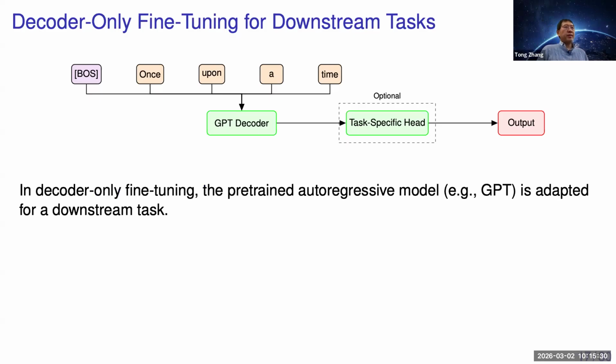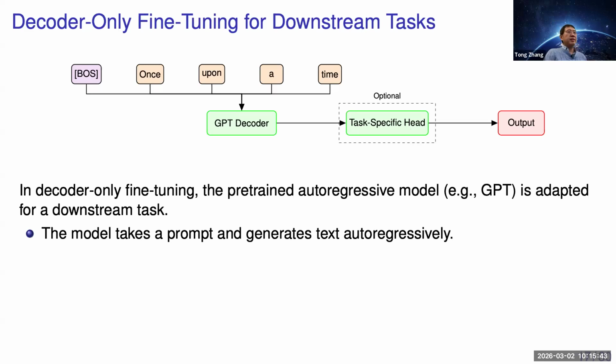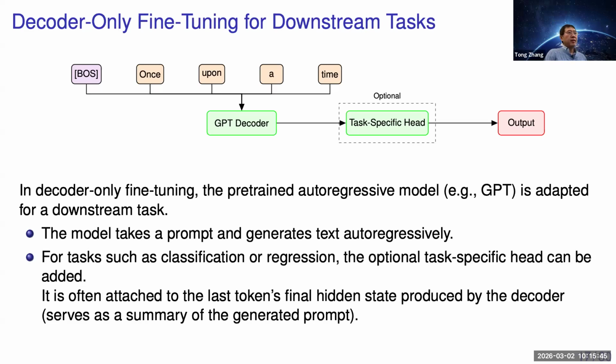So a pre-trained causal decoder is adapted to the downstream task, and this can be quite flexible. You can just use prompts, or you can fine-tune this model a bit. The model takes a prompt and generates text autoregressively. And as I mentioned, optionally you can attach a head to the last token's final hidden state to predict.